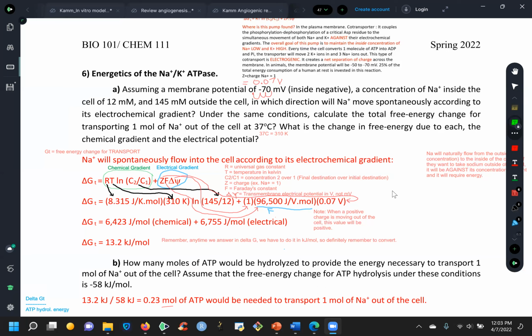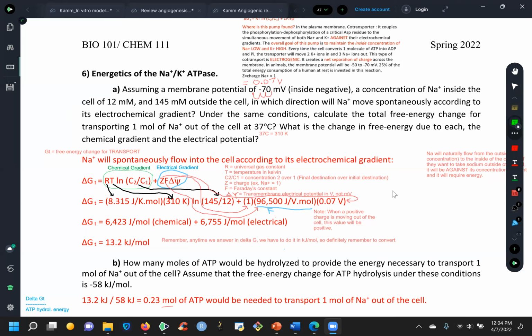But basically, when you do the math, this is 6,423 joules per mole, and this is the chemical plus the electrical, 6,755 joules per mole. So the total free energy for both the chemical and the electrical gradients is like 13,000 something joules per mole.